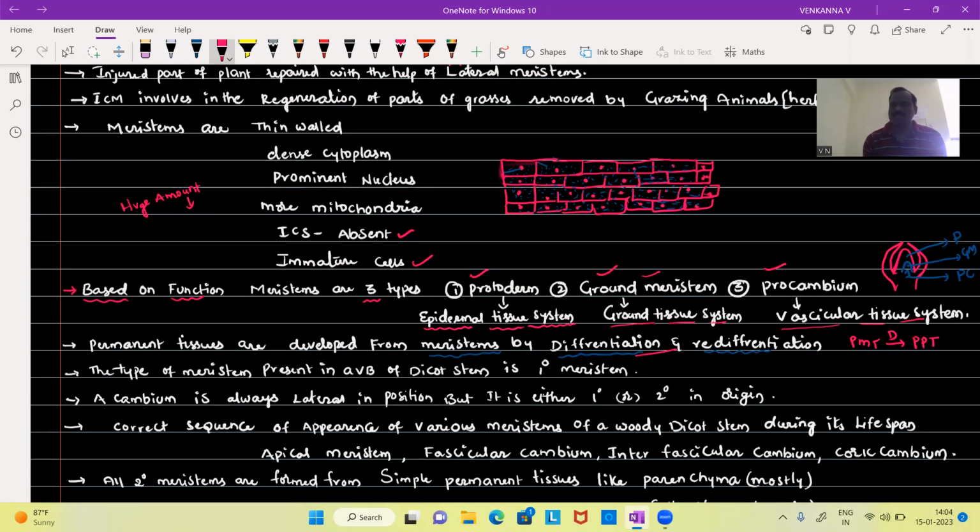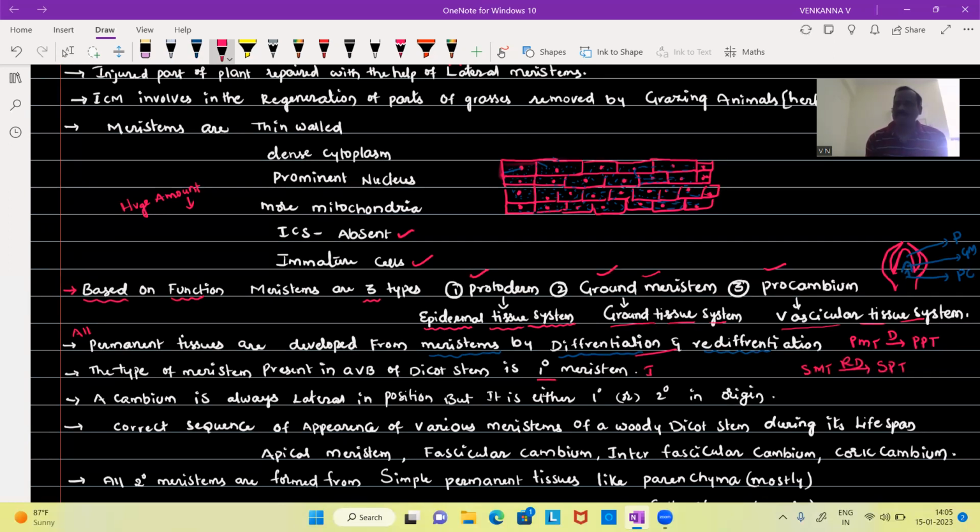Again, secondary meristematic tissues lose their capacity to divide and differentiate into secondary permanent tissues by a process called redifferentiation. So all permanent tissues are developed from meristems by differentiation and redifferentiation processes. The type of meristem present in a vascular bundle of a dicot stem is primary meristem.